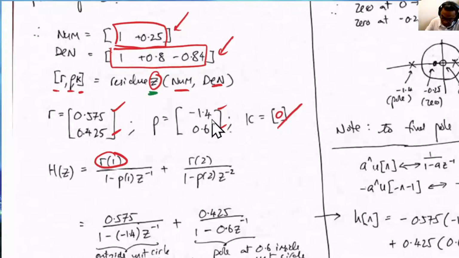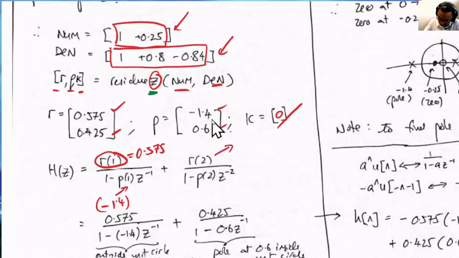Oh, sorry, I made a mistake. This is 0.575, this one is minus 1.4, this one is 0.425, and this one is 0.6. Okay, scratch that. So these are the correct values, and when I put it here, this is the final answer.